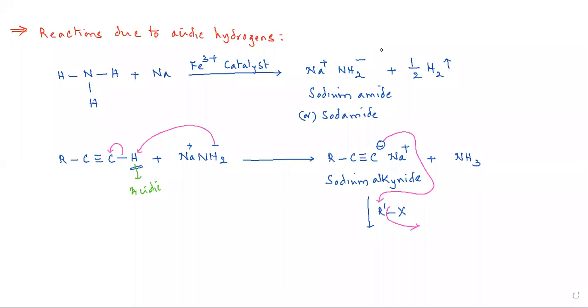So that is how we get a higher alkyne. I'll give you an example: RC triple bond C, then R, and what is eliminated is sodium halide. This is how a higher alkyne can be prepared.